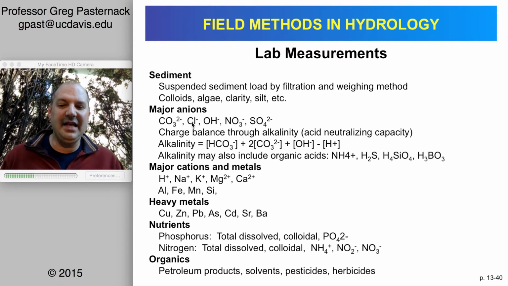These are some of the basics that are there. The major cations, metals, heavy metals that are often of a concern for pollution, nutrients like phosphorus and nitrogen, and then a whole variety of organic constituents.